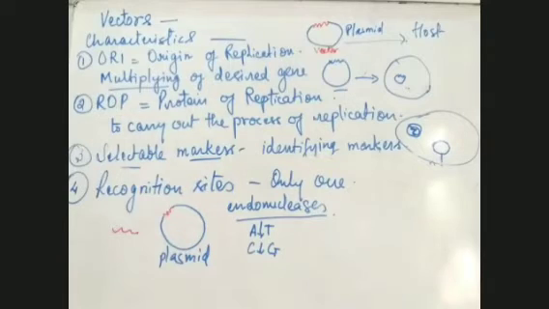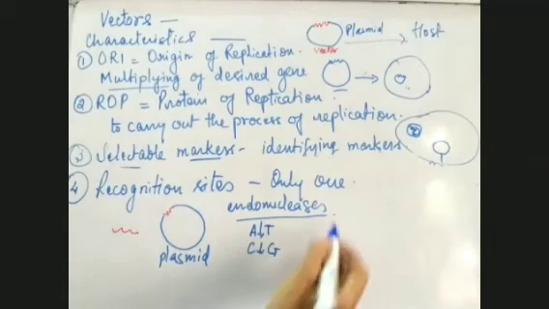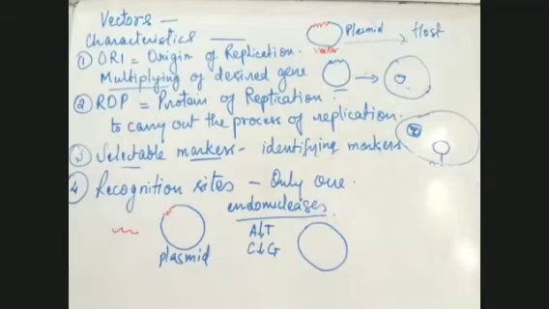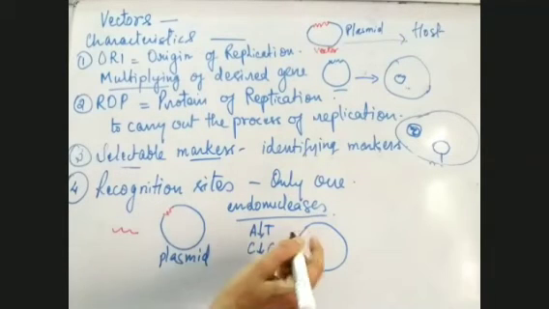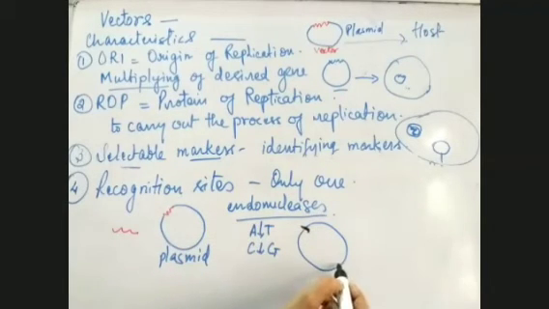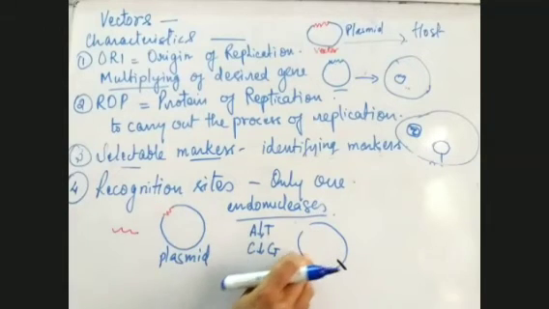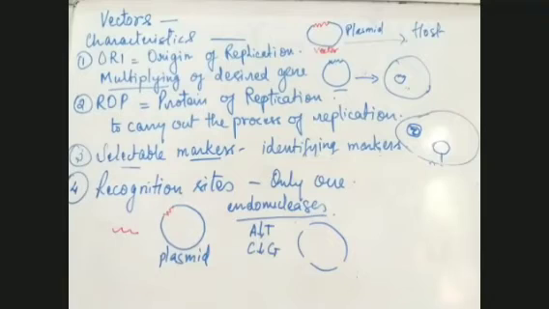What will happen if there is more than one recognition site? See, if we have a plasmid with a recognition site for one endonuclease here, and also here and here, then three cuts will be formed.